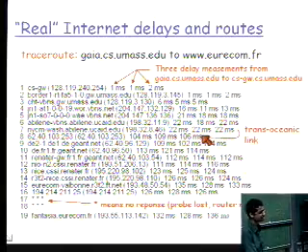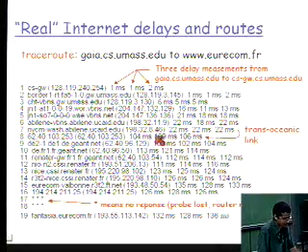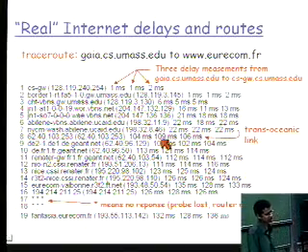The other thing that it's doing, yeah, these are round trip times. The other thing that this traceroute program does, it will tell you all the routers on the way.